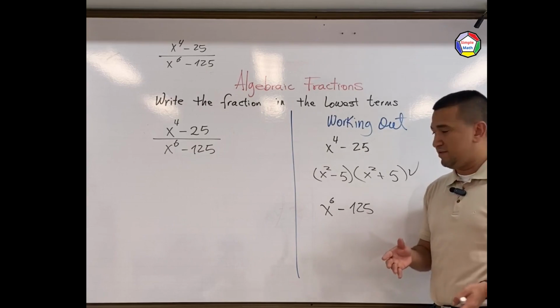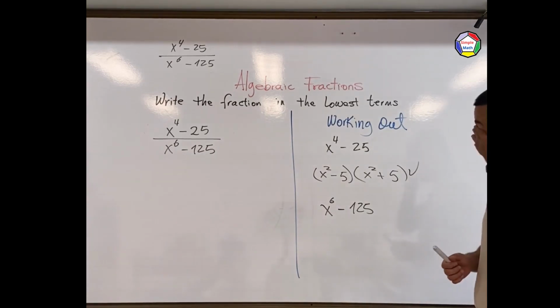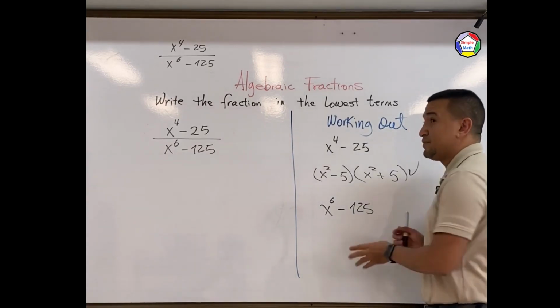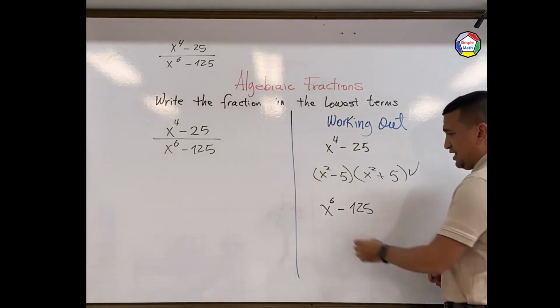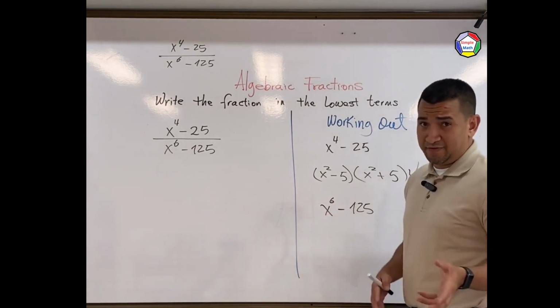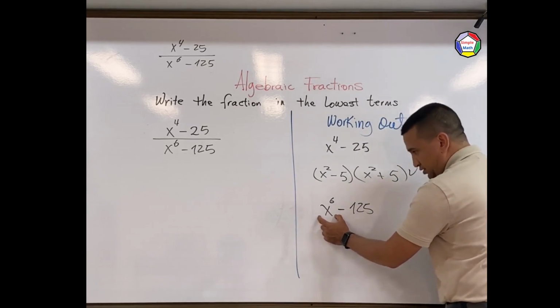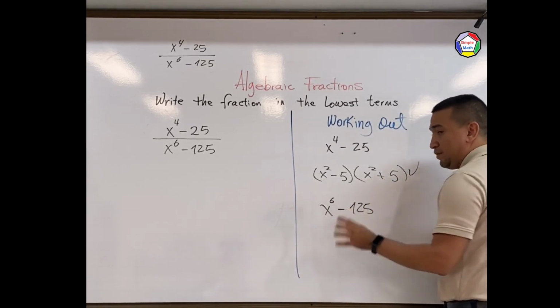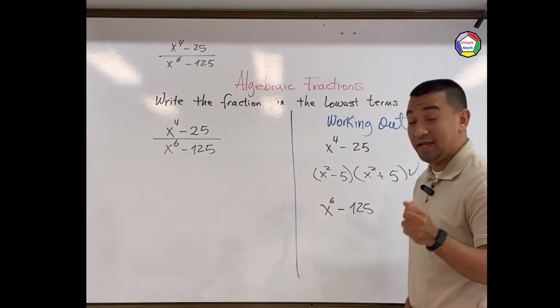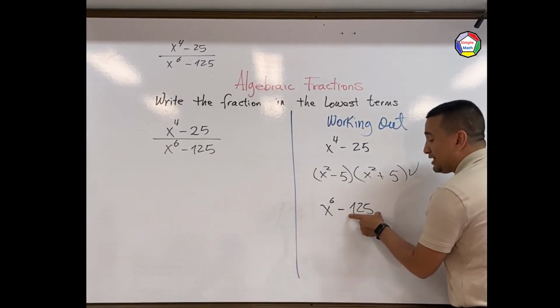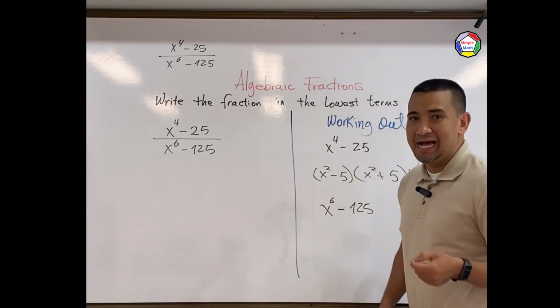Let's check if this is a sum or difference of cubes. To be a difference of cubes, each term must have a cube root. X raised to the power of 6 has a cube root, and 125 also has a cube root.